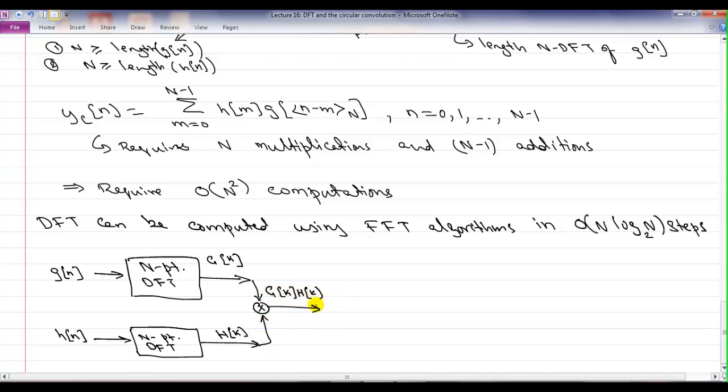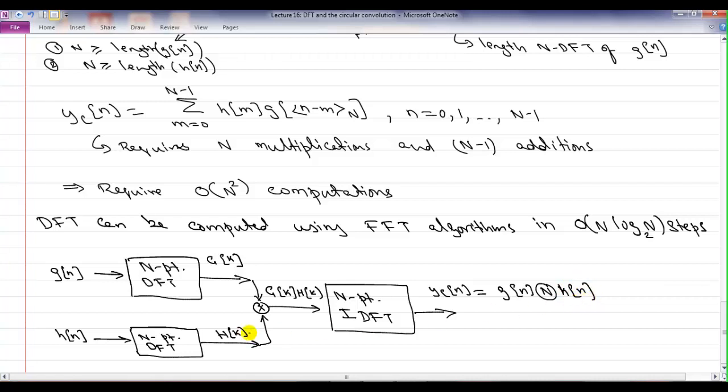And now if you compute the N-point inverse DFT of this multiplied sequence G[k]H[k], then the circular convolution theorem guarantees us that we recover yc[n], which is equal to g[n] circularly convolved with h[n].